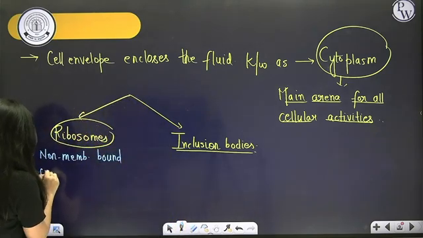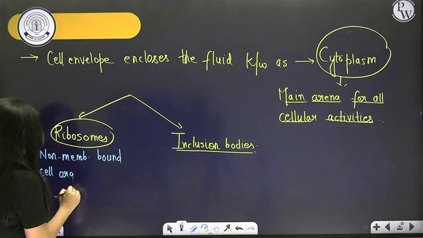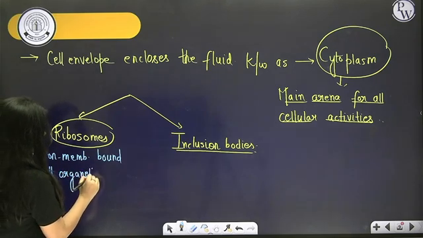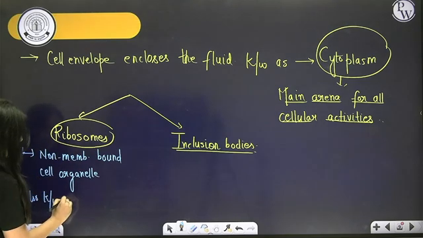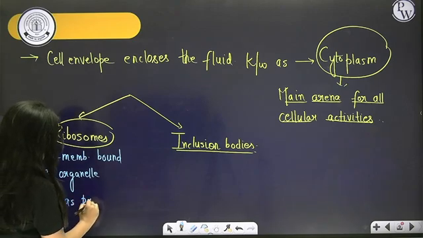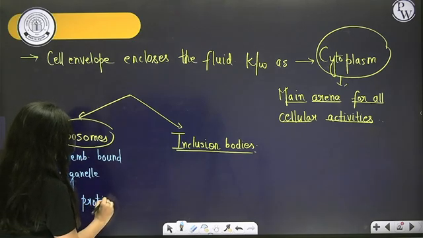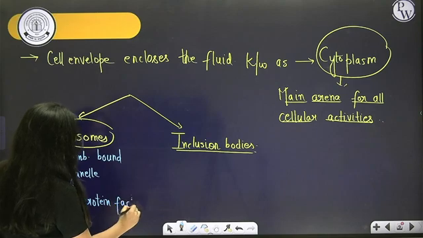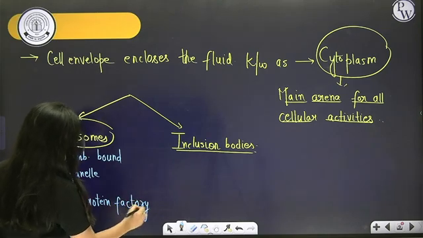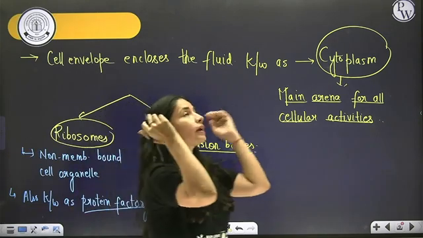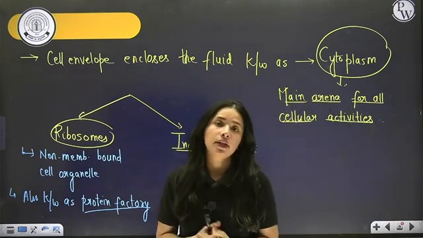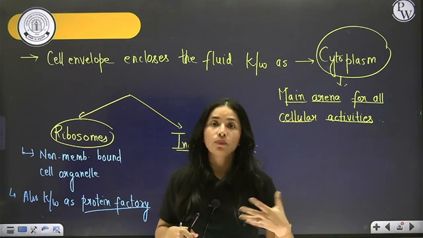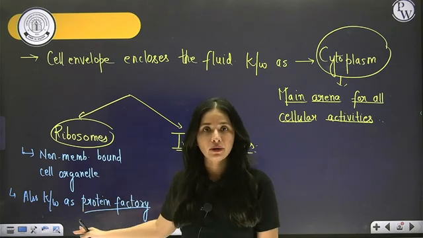Non-membrane bound cell organelle, which is also known as protein factory. Correct? Now, why is it known as protein factory? Of course, because it helps in protein synthesis. It helps in protein synthesis. Correct? More details we are going to do about ribosomes.